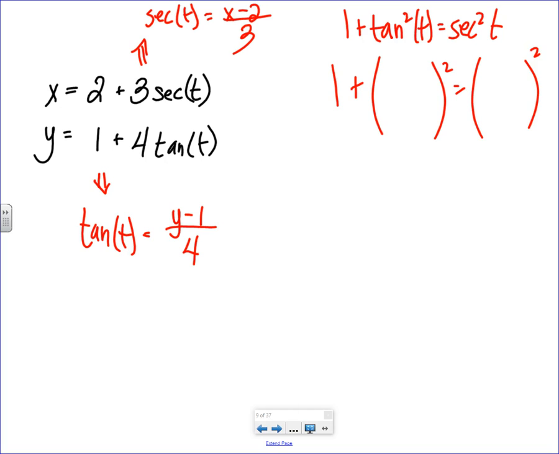So can't I plug in? Who's this guy? We're not used to seeing him like that. What would we do to get him in a nice proper form? Could we subtract?